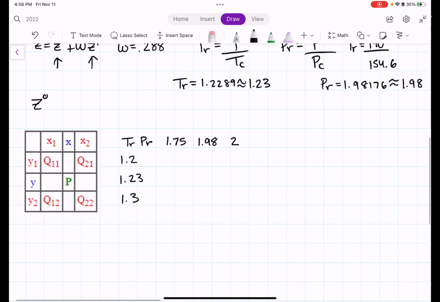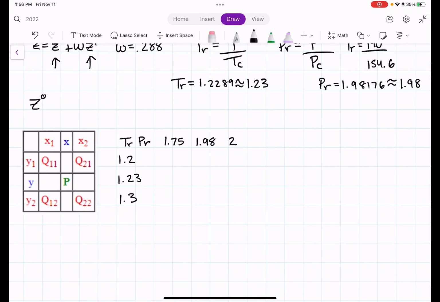The value that corresponds with 1.2 and 1.75 on our tables was 0.6029, and the number that corresponded with PR of 2 and TR of 1.2 was 0.5605.